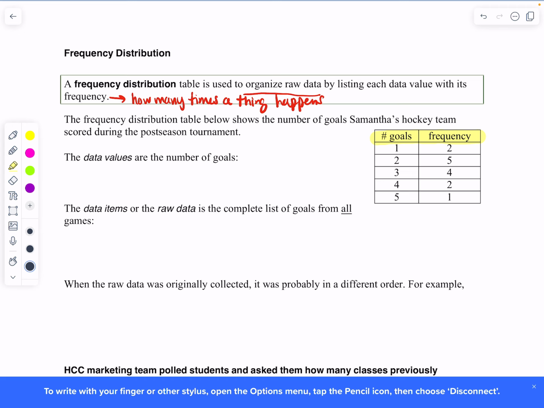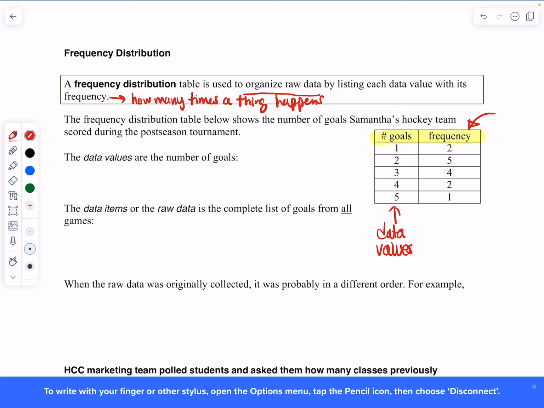So this first column is data values, and then the frequency is how often those goals occurred. So we're basically just organizing the data. So what are we doing? We're looking at how many goals and how often they showed up in the postseason tournament.